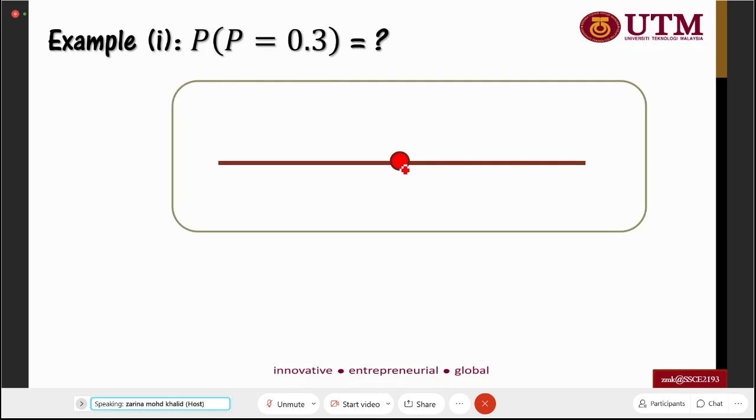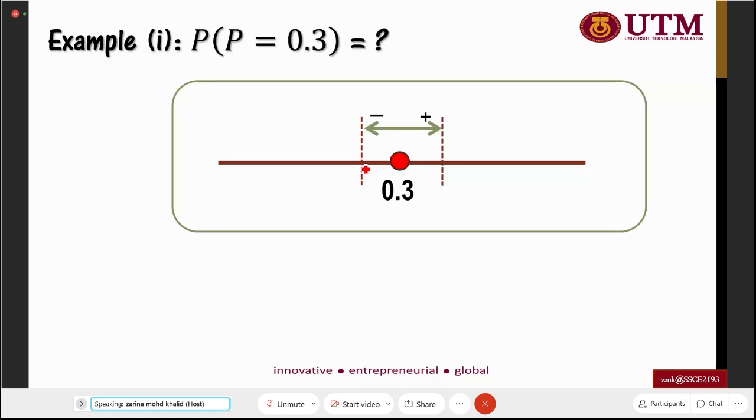At a continuous level, you are talking about a value below 0.3 up to a value above 0.3. So for this particular example, when you apply the continuity correction, you have to start from a value below and go up to a value above, meaning you minus 1 over 2n up to 0.3 plus 1 over 2n.